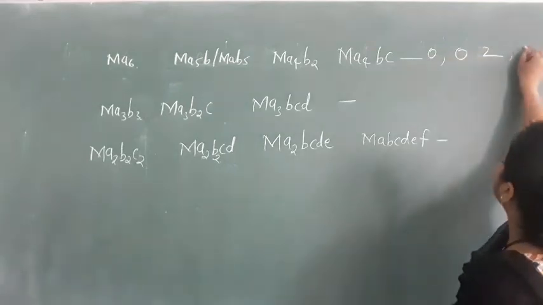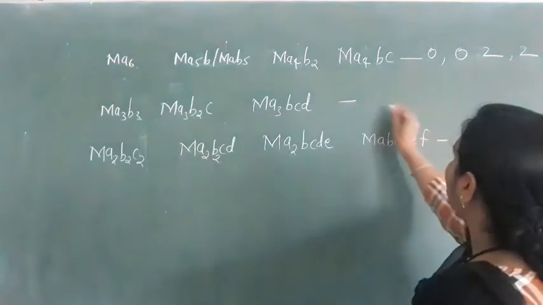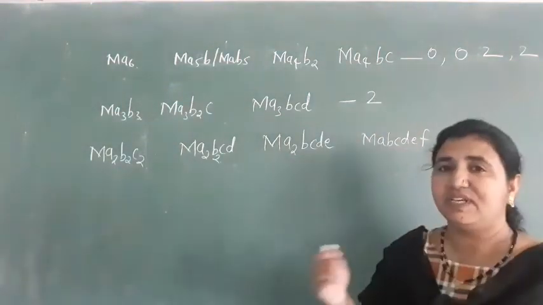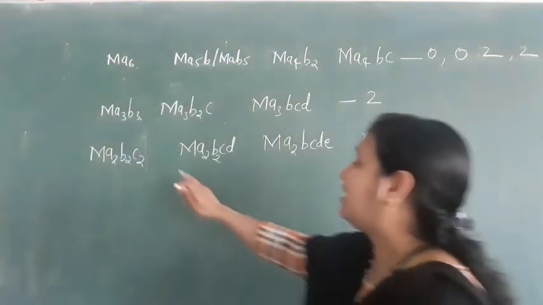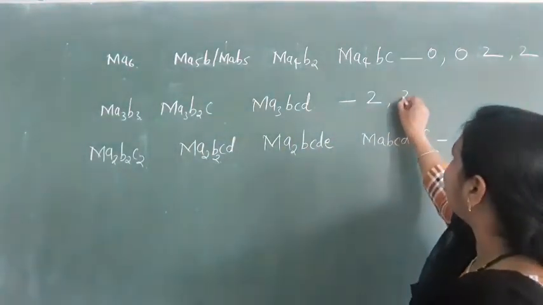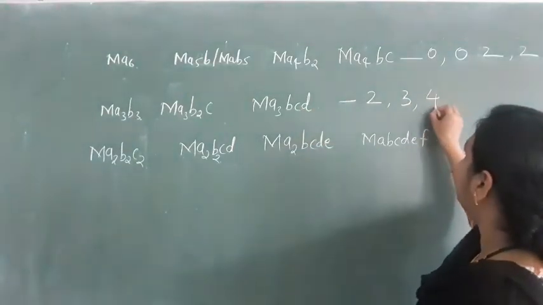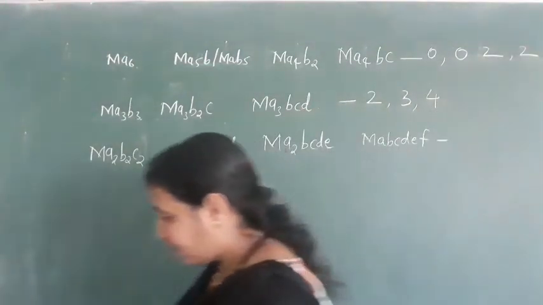MA4BC, here also 2 geometrical isomerisms possible. In MA3B3, 2 geometrical isomerisms possible. One is facial, one is meridional. Okay. Next we have MA3B2C. Here we have 3 geometrical isomerisms possible. And MA3BCD, 4 geometrical isomerisms are possible. Just now we have seen.